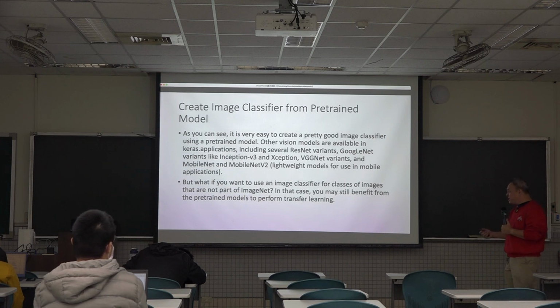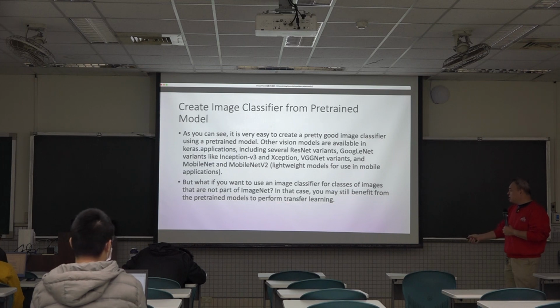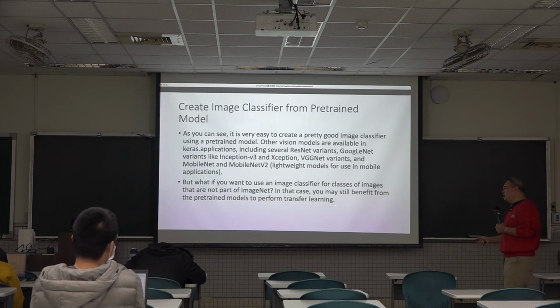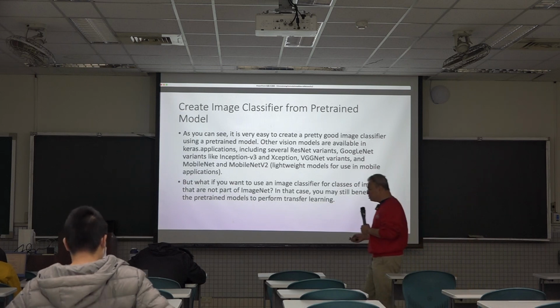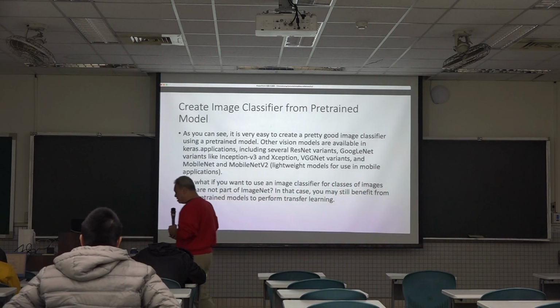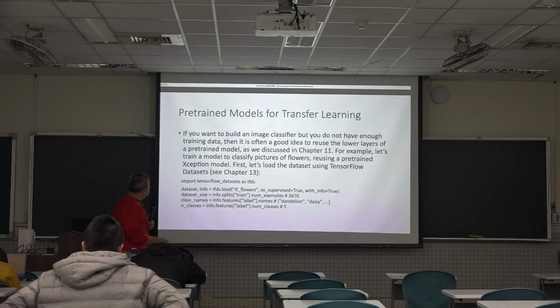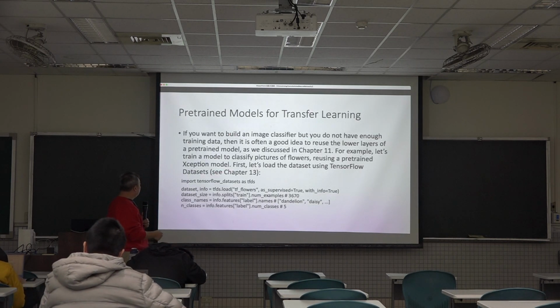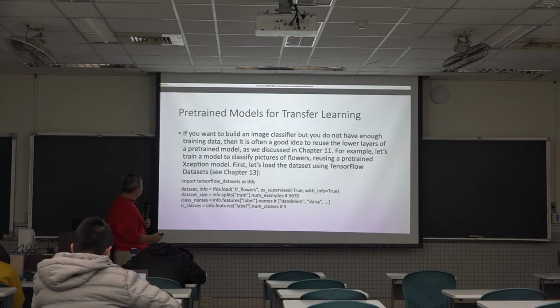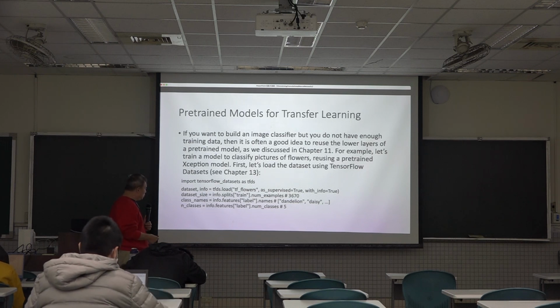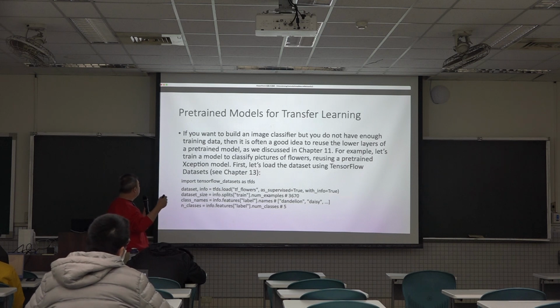But if you have an image data set that is different from ImageNet, we need to use transfer learning, right? You guys do remember transfer learning? First, we don't use all the layers, and we have our own output layers, and maybe the top few layers, depending on how many labeled images you have.